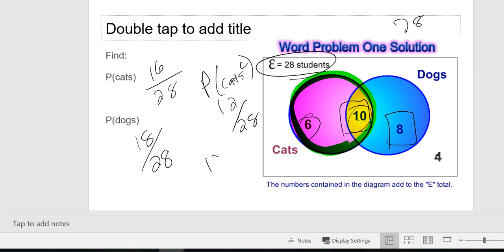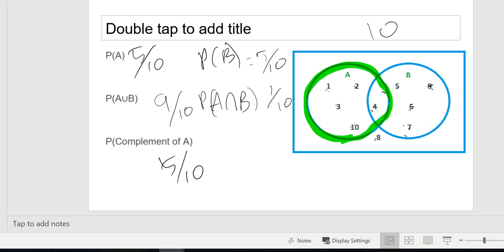Notice 12 plus 16 equals 28, which is the total number, which makes perfect sense. Same thing with dogs: if I highlight dogs and count how many are outside of it, there should be 10. So probability of dogs complement means everything not inside of it. So there you go.